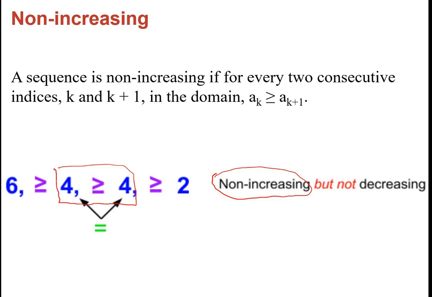In this case, the two elements of this sequence, 4 and 4, are equal to each other. Although the sequence might be decreasing gradually, we don't say that it's decreasing because the two consecutive elements can be equal. So it's a non-increasing sequence.